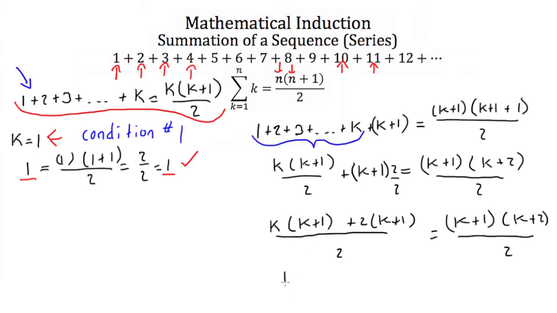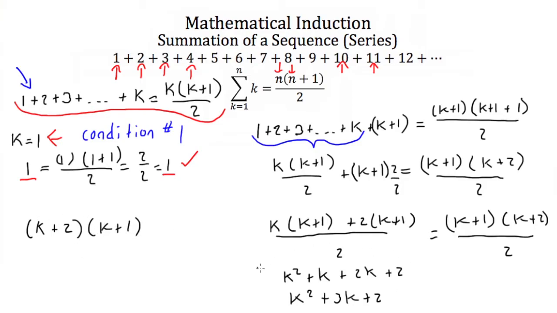K times k is k squared. K times 1 is plus k. If I distribute the 2 inside, I'll have 2k plus 2. So this is k squared plus 3k plus 2. And I can factor that into k plus 2 times k plus 1. But remember, this is just my numerator, so this is all over 2.